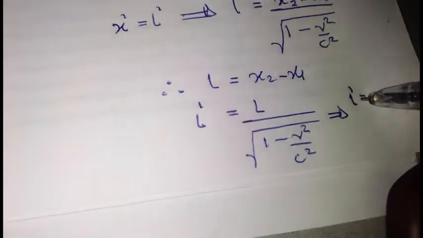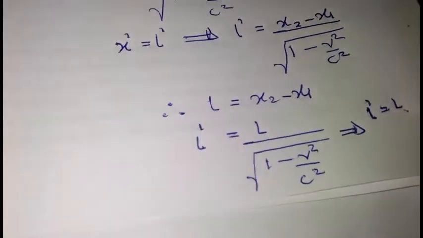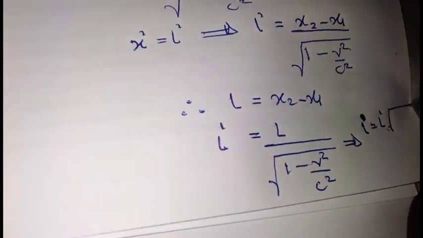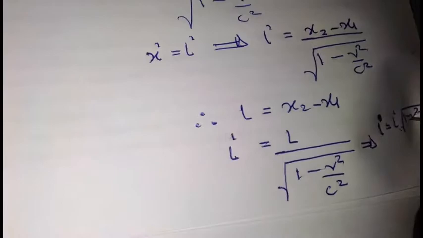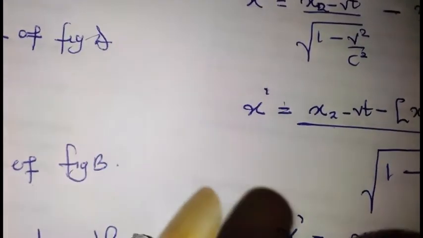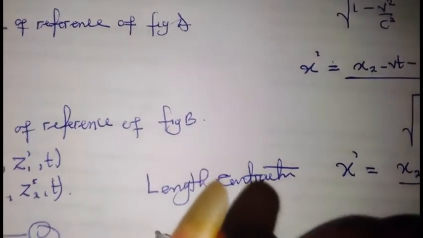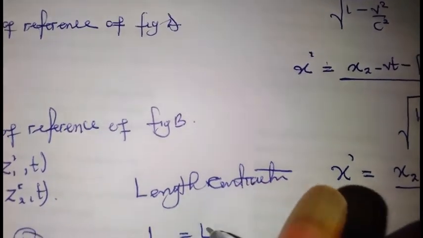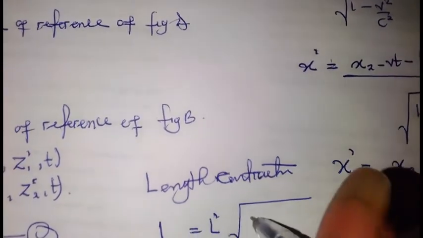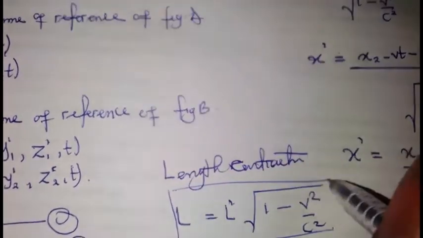So L equals L prime root of 1 minus v square all over c square. That is length contraction. Length contraction is equal to L prime root 1 minus v square all over c square. Right here is our length contraction.